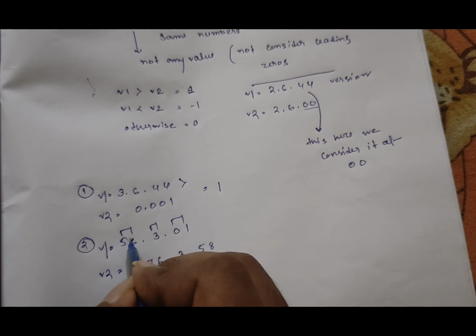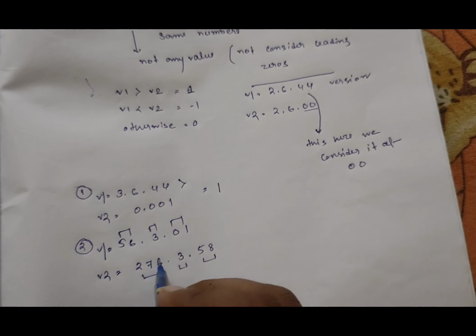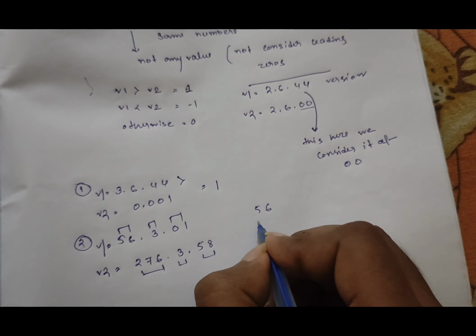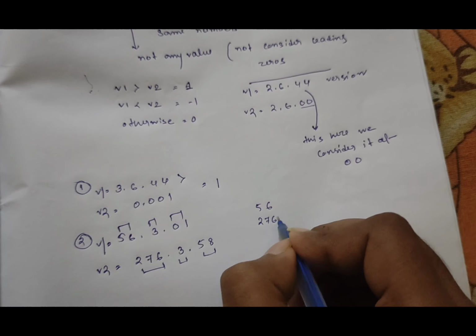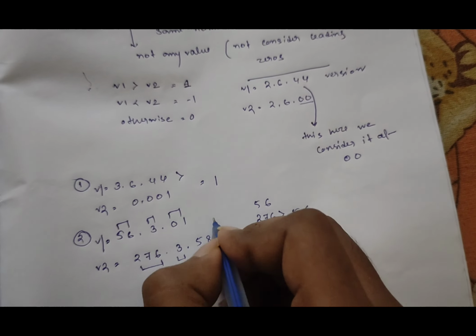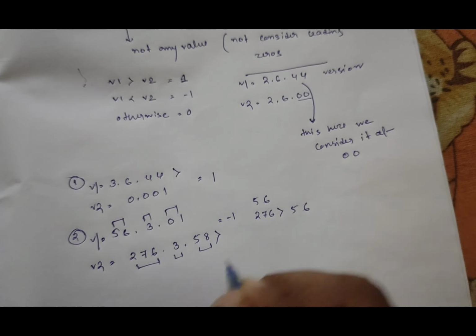Like 56 is a revision, 3 is a revision, and 01 is a revision. Here this is 56, and there this is 276. You can easily check that 276 is greater than 56, so return -1.